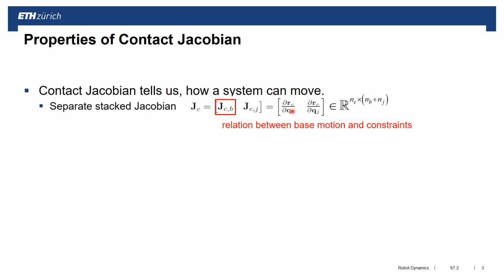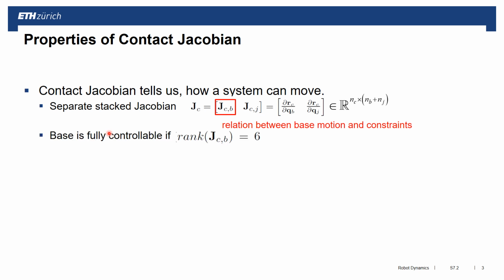If we look at this first Jacobian in here, it tells us the relationship between the base motion, so this qB, and the constraint, this rC. And if I analyze the rank of this JCB, this tells me to what extent the constraints allow the joints to directly move the base.